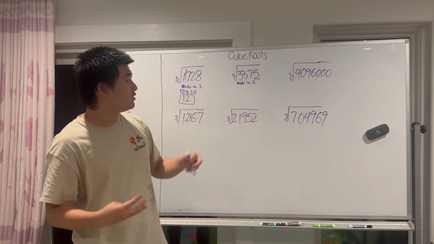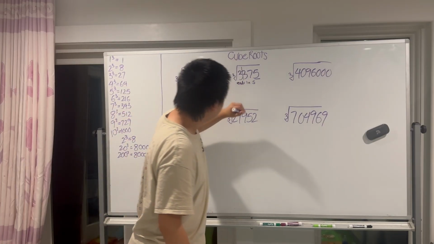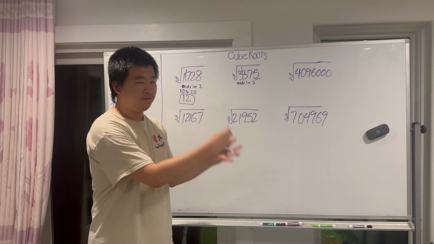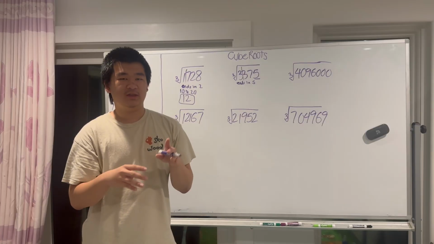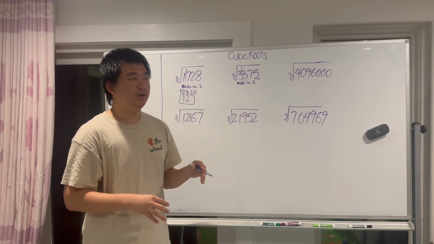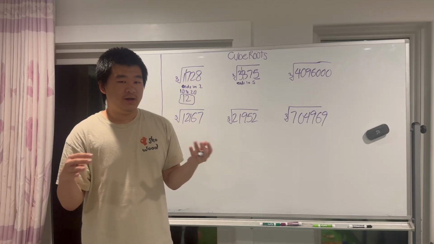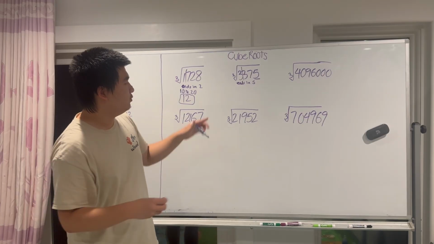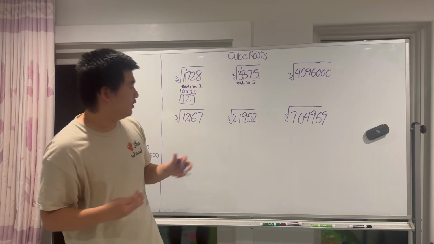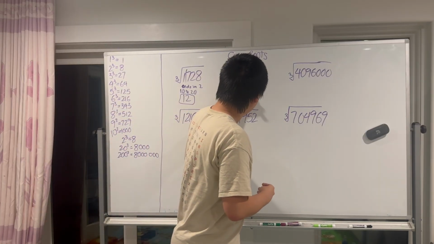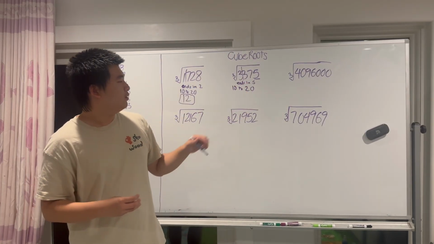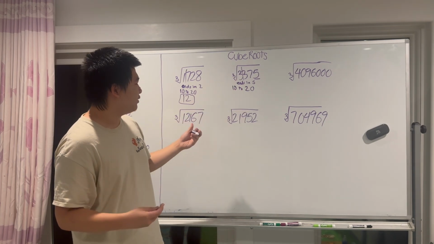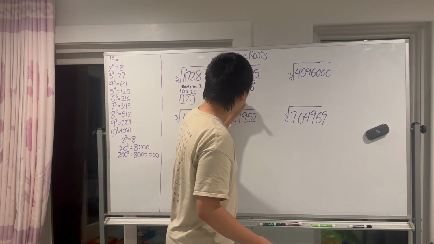Now, once again, let's chop off three digits, and we have the cube root of 3. What cubes is 3 between? Well, 3 is between 1 and 8, and the cube roots of 1 and 8 are 1 and 2. So we know the answer is between 10 and 20, just like our last one. We have 10 to 20 and ends in 5, so our answer is simply 15.